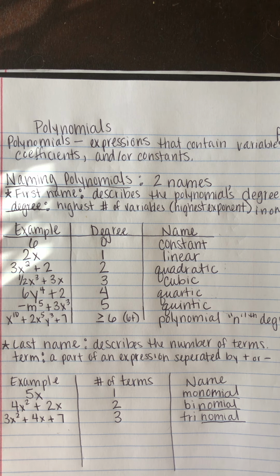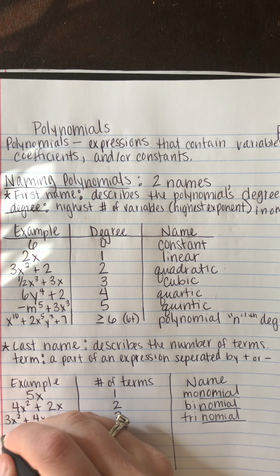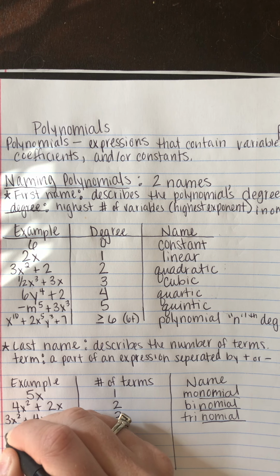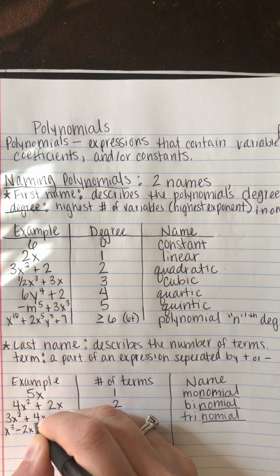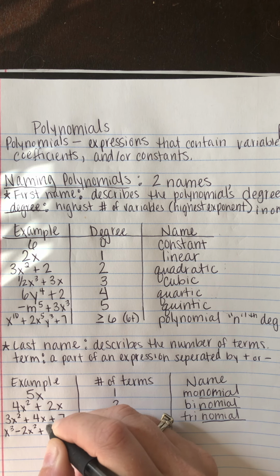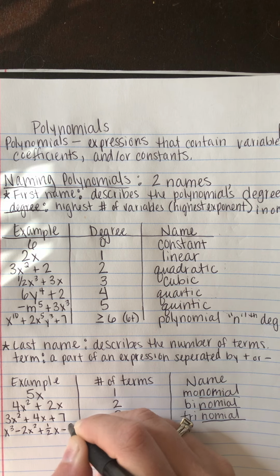All right. If you have any more than 3, so if you have 4 or more terms, so that's when it's going to get kind of long. So let's say we have something like x to the 3rd minus 2x squared plus 1/2 x minus 8.